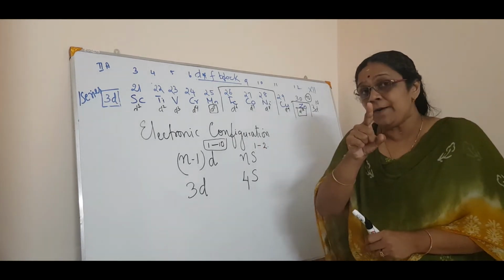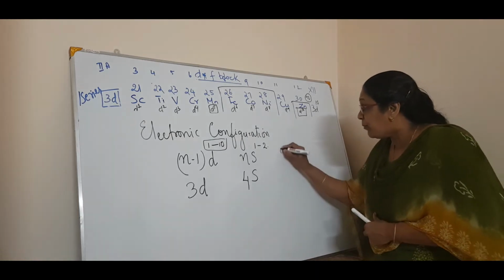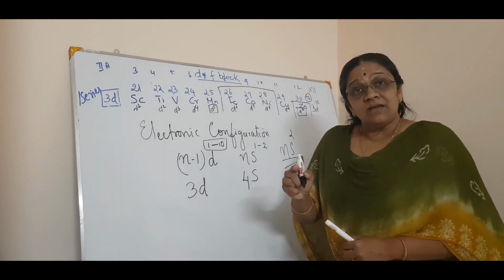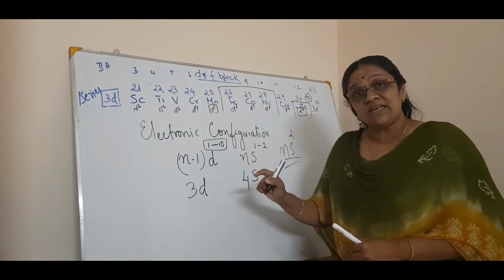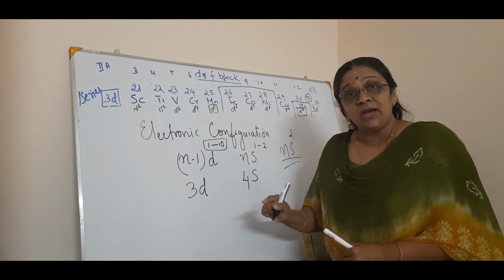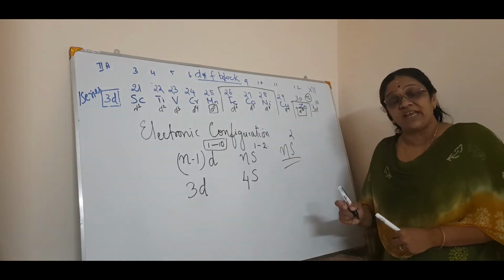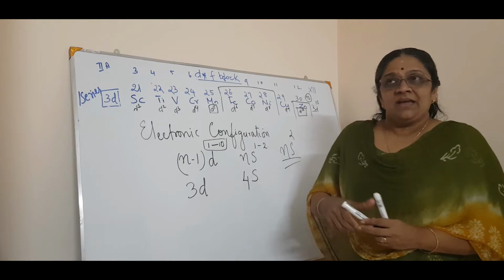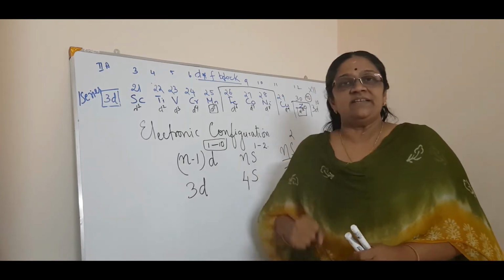And if you ask why you are not putting ns2 simply, because you are saying it is only the d orbital and the d electrons are coming into it. Why can't you put the ns2 configuration itself? There is a very good point in that.